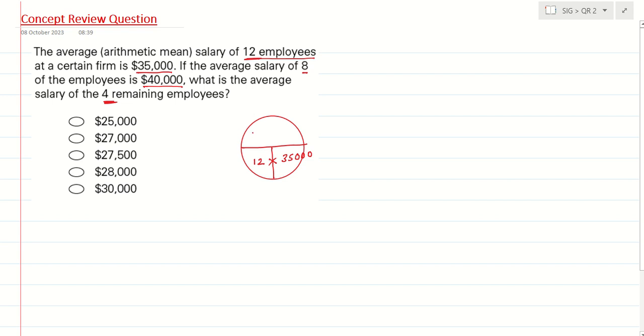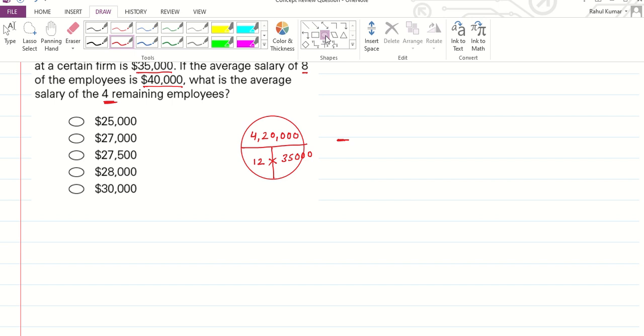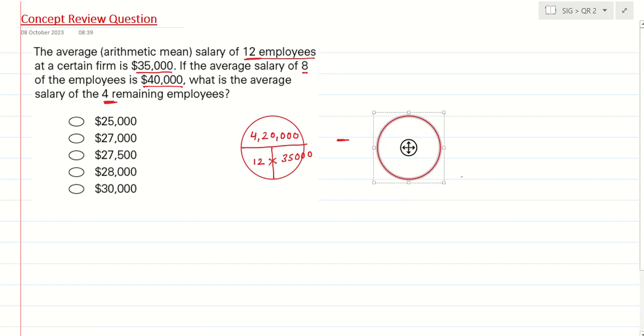The total I'll get is 4 lakhs 20,000. Now, what do I know? Out of this, I know that for 8 employees the average salary given is $40,000. So the summation I'll get here is 3 lakhs 20,000.